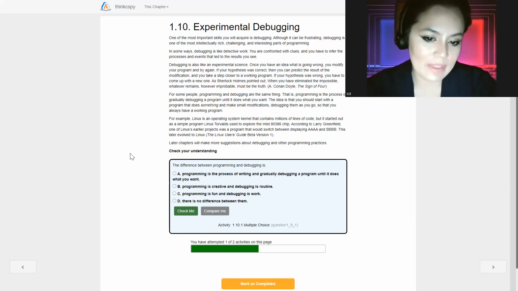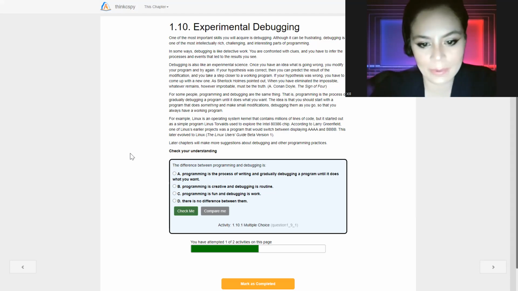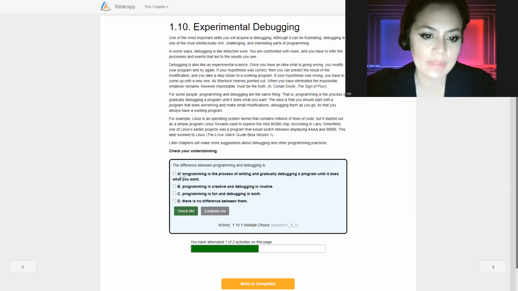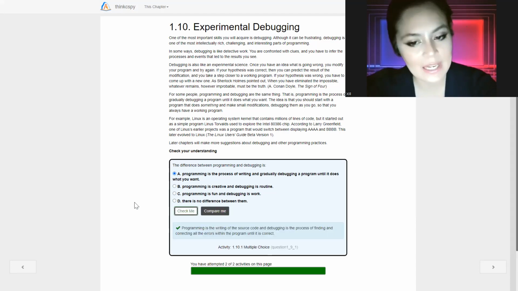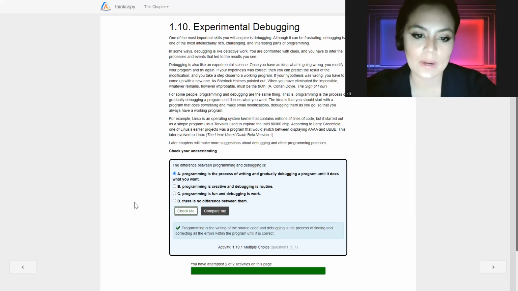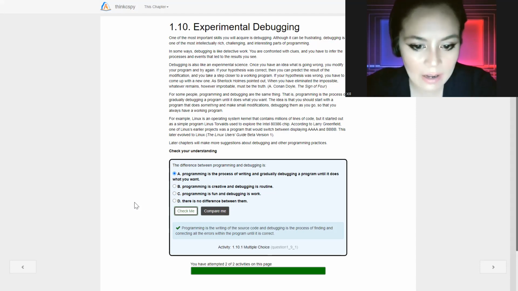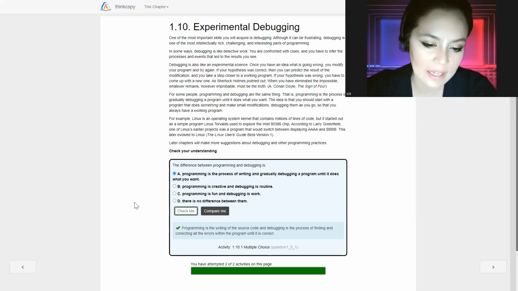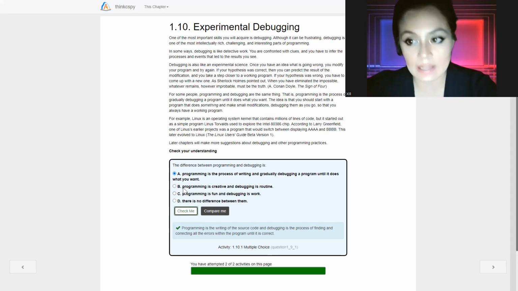Or D, there's no difference between programming and debugging. So according to what we just read, the answer is A. Programming is the process of writing and gradually debugging a program until it does what we want. Programming is the writing of the source code, and debugging is the process of finding and correcting all the errors within the program until it is correct.